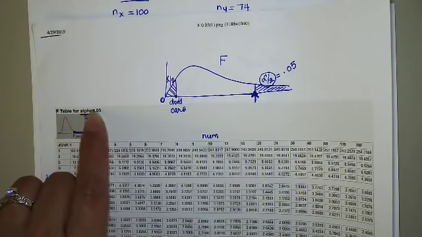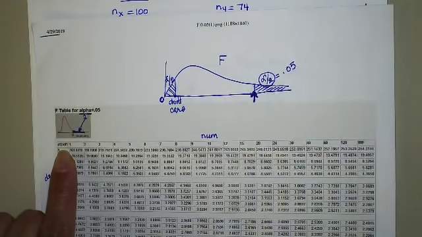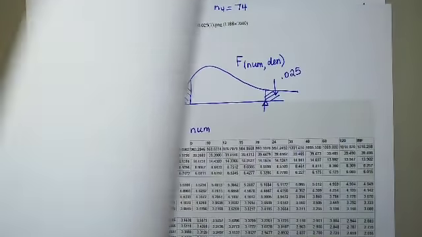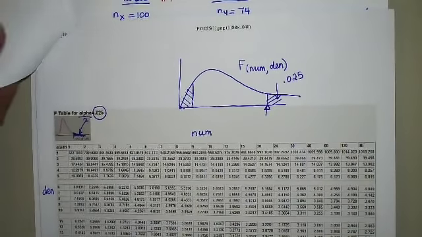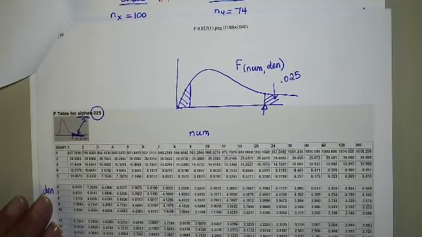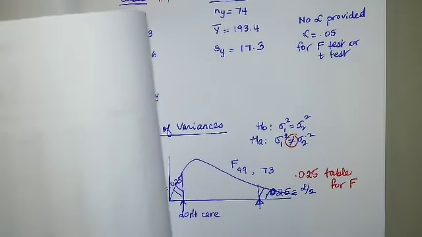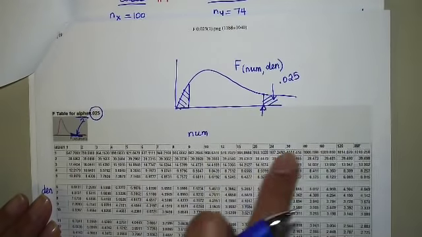Not this one. This one says alpha equals 0.05, but they don't really mean alpha. They mean this area, so that's alpha over 2 equals 0.05. That's not the one I want. I go to the next one and I see alpha over 2 equals 0.025. So this is my table that I need to work with.